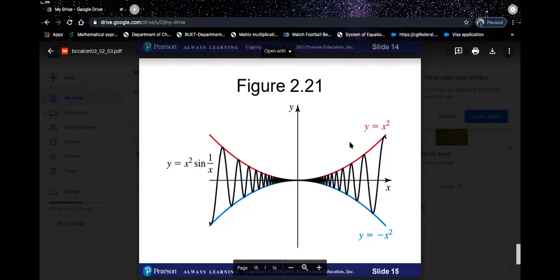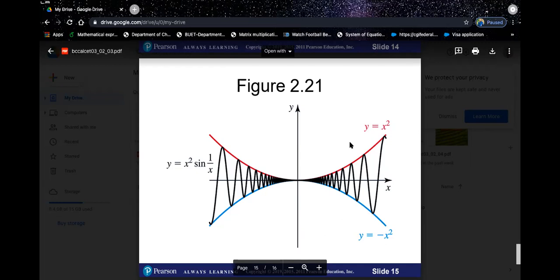If you have a graphing calculator, or if you can use the graphing tool online, or any mathematical software on your computer, you'll see the graph of x squared times sine 1 over x will look like this. Forget about the red and blue lines.